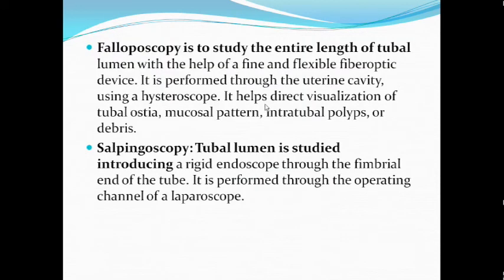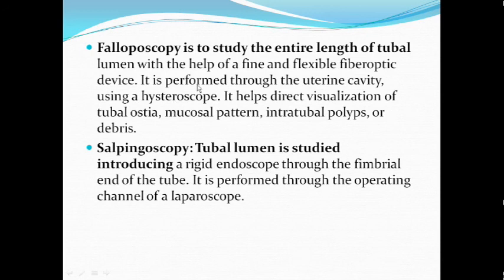Falloscopy is to study the entire length of the tube lumen. The lumen can be seen by this falloscopy with the help of a fiber optic device, and it is usually performed through the uterine cavity using a hysteroscope.